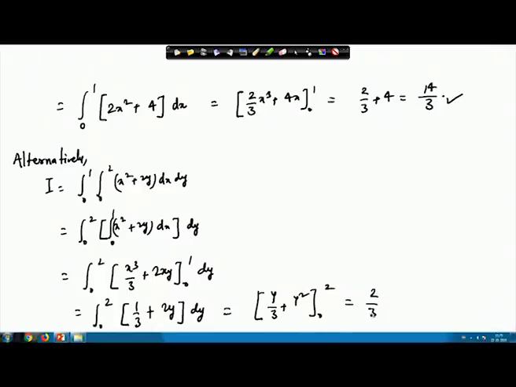So, this will be 2 by 3 plus 4, that means 14 by 3.